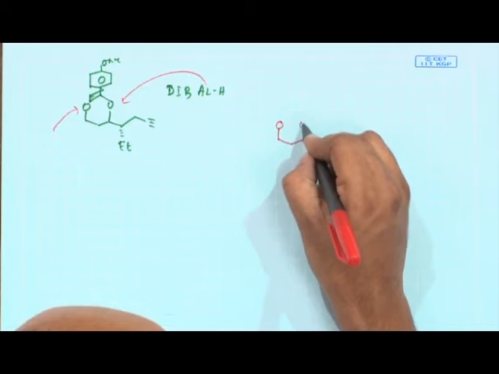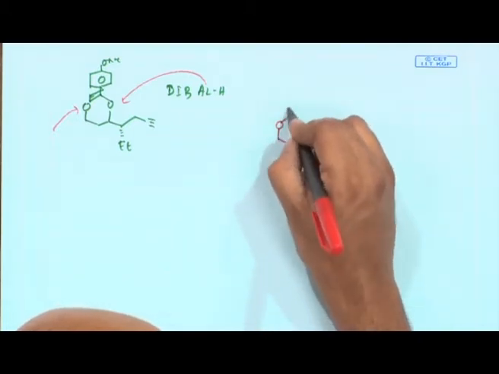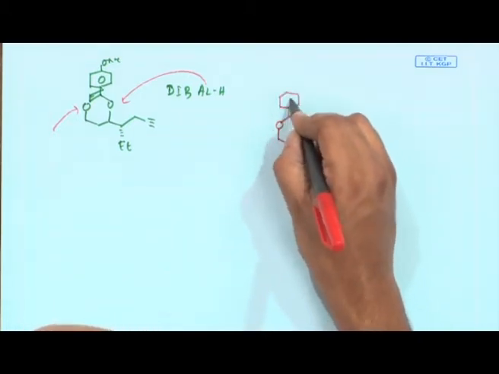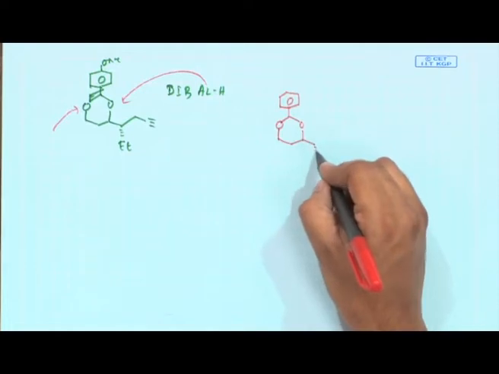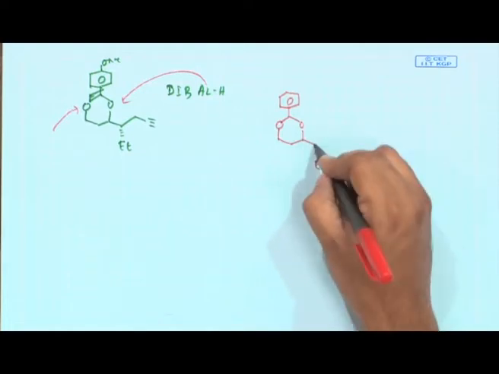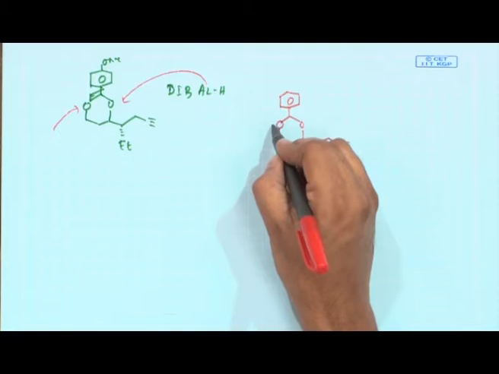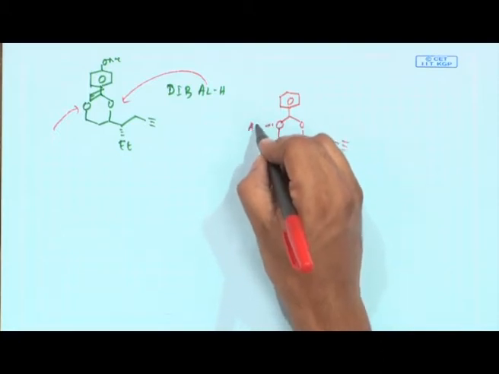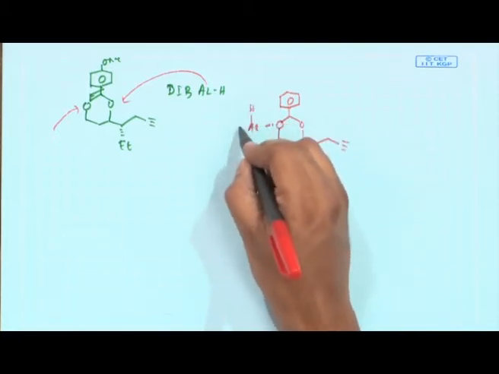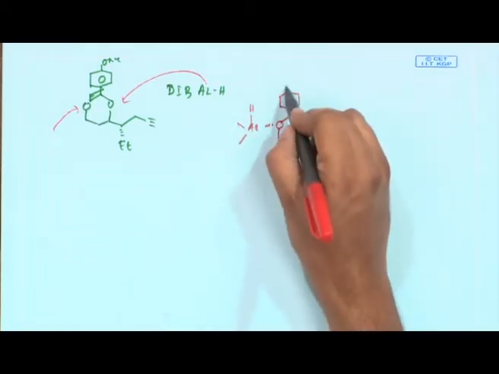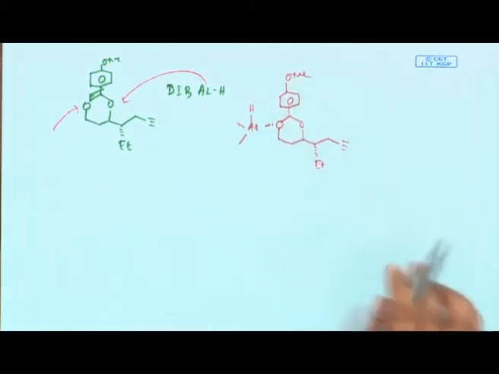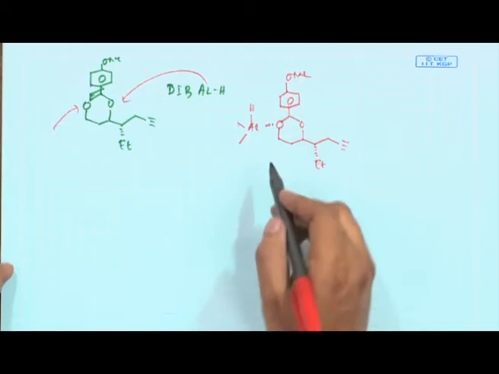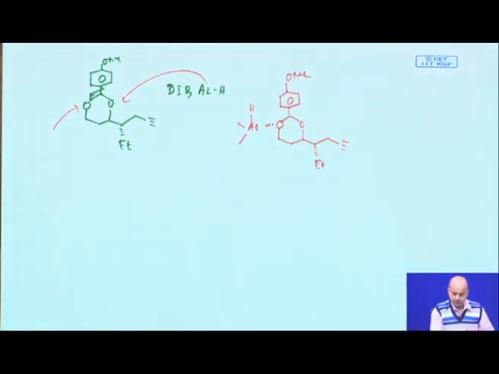Your initial coordination will take part on this site, with aluminum, your hydride here and your isobutyl group there. This side coordination is sterically much more favorable.